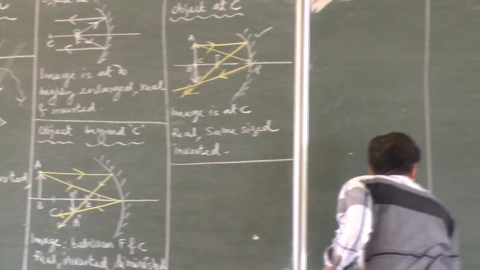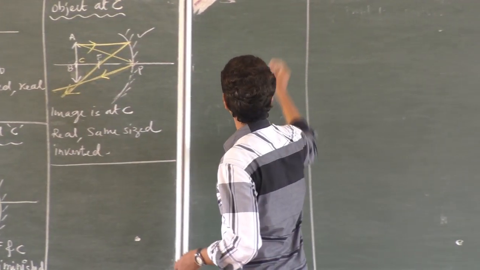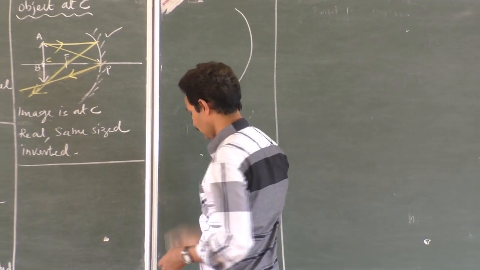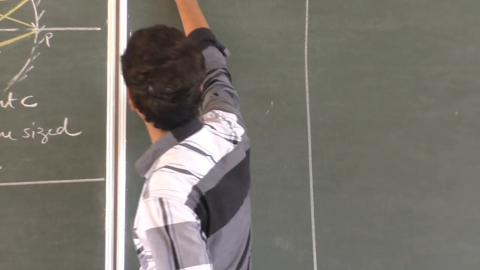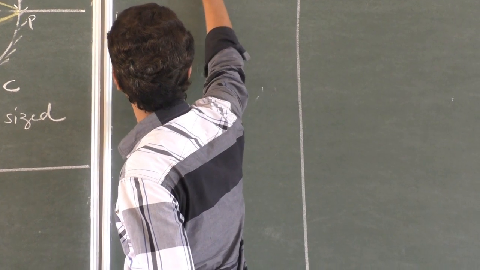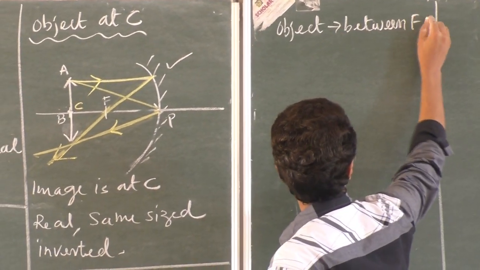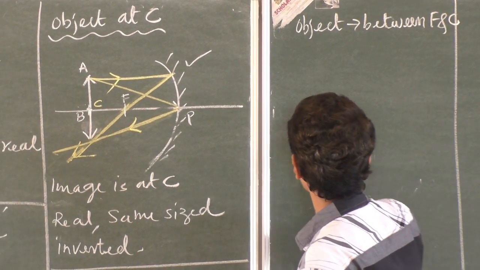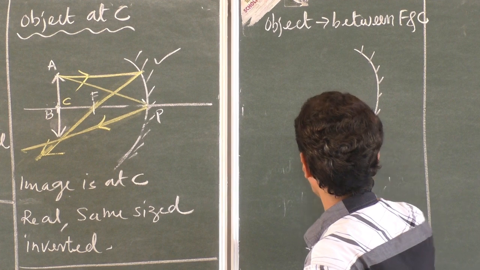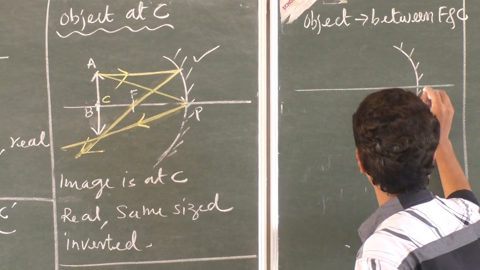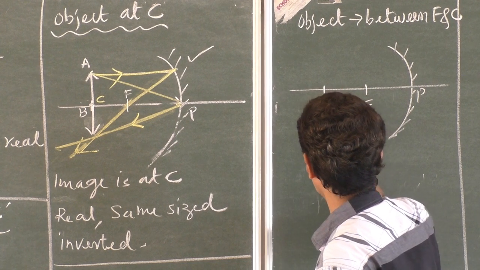Now we will keep the object between F and C. Concave mirror, you have to draw this along with me: pole, focus, center.